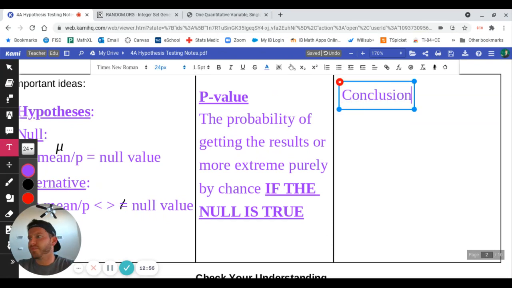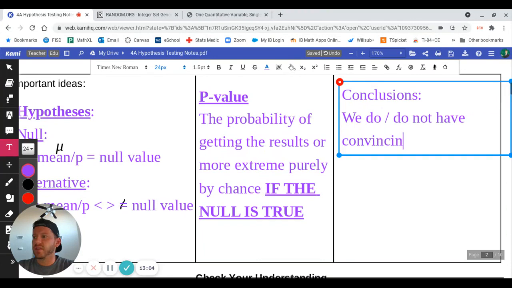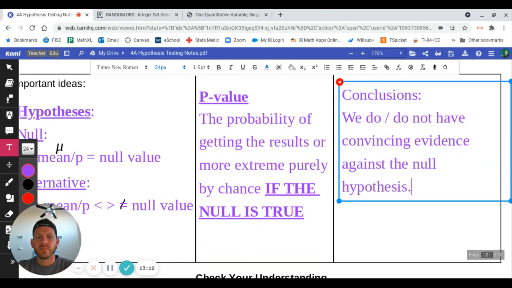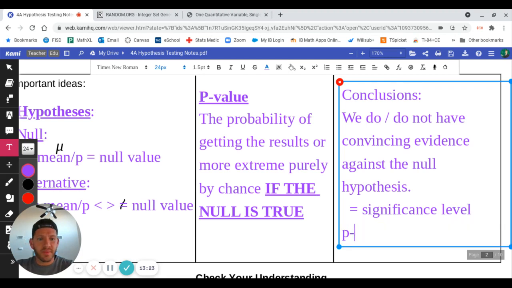So our conclusions, we either do or we do not have convincing evidence against the null hypothesis. So we're going to compare it to the significance level. This is going to be a Greek letter that I'm about to fill in. And if that p-value is smaller than that significance level, then it is significant evidence.